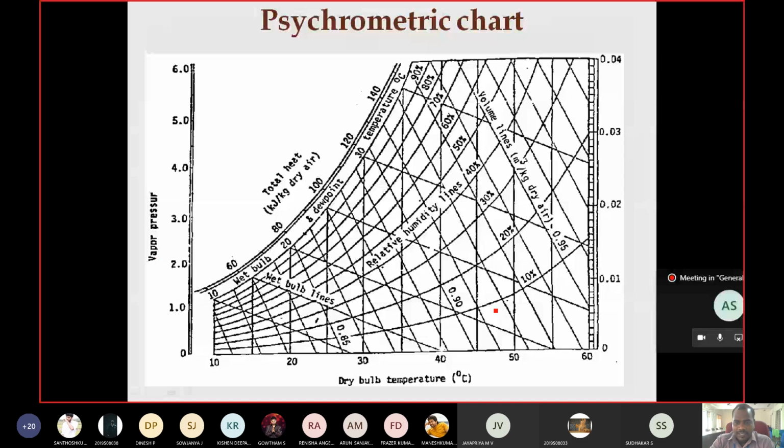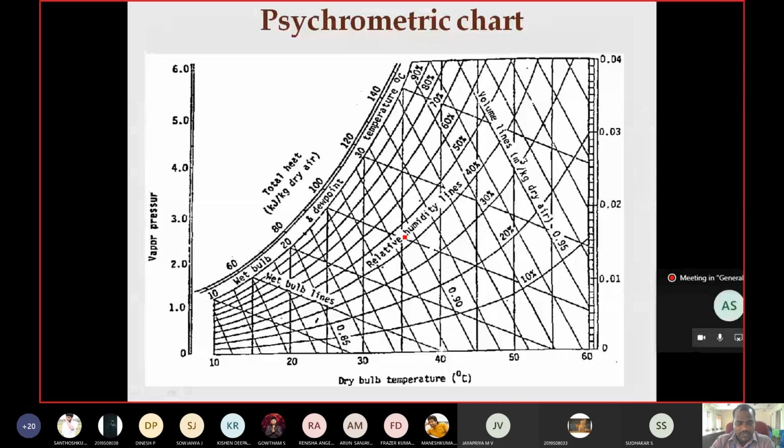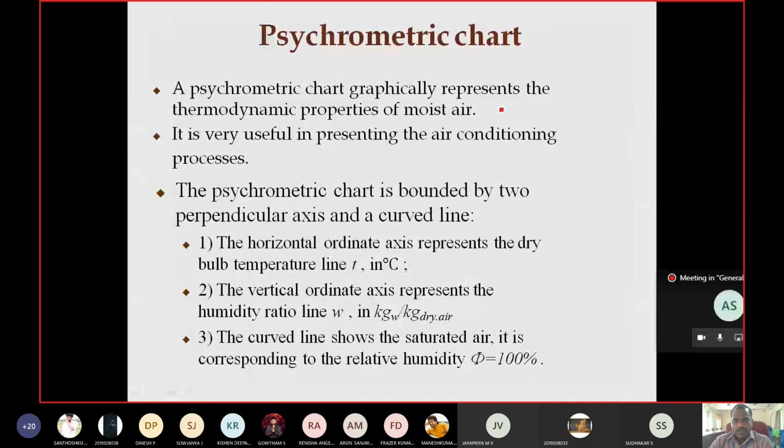There will be some different properties, and based on that, we can select our required state of the atmospheric air. So this psychrometric chart is an important chart. You can take the properties of air with the given properties. So this is the introduction about the psychrometric chart.